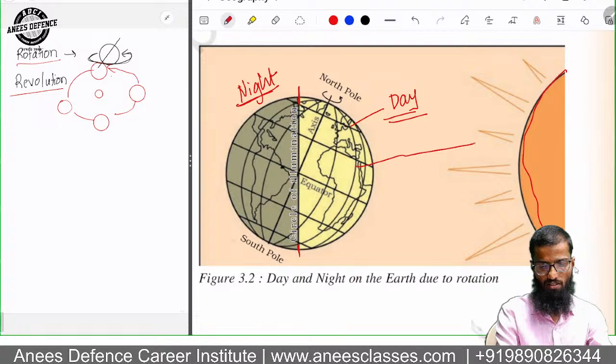The earth surface facing the sun has day, and the opposite side has night. Remember this. The circle or line which separates them is called the circle of illumination.